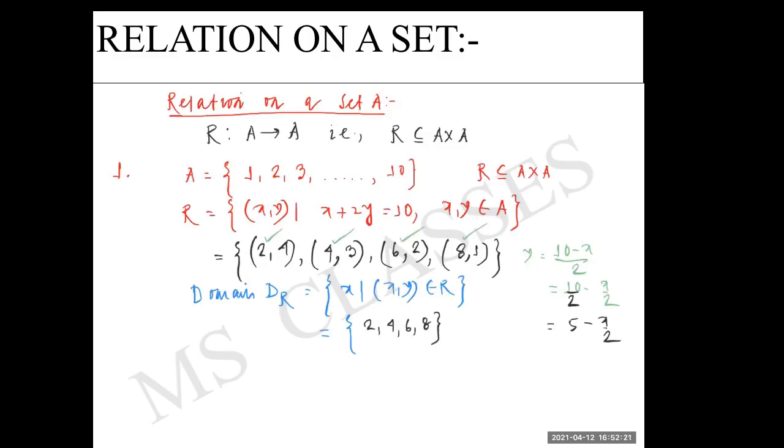Next we come to range of the relation. Y such that x comma y belongs to R. So at first the definition and then you simply put the values. Next we come to codomain. Codomain is always the second set. So this is the codomain.